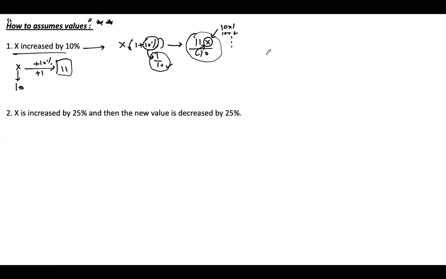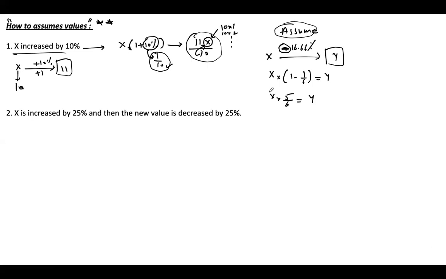Similarly, let's say x is decreased by 16.66% to give y. If you were to assume values, what values will you assume? If x is decreased by 16.66%, so x is getting decreased by 1 by 6, the remainder would be 5 by 6.